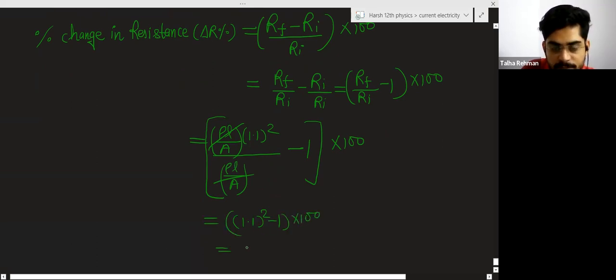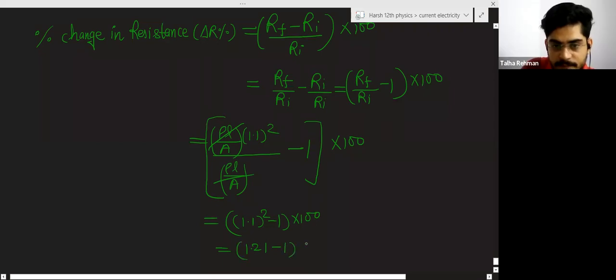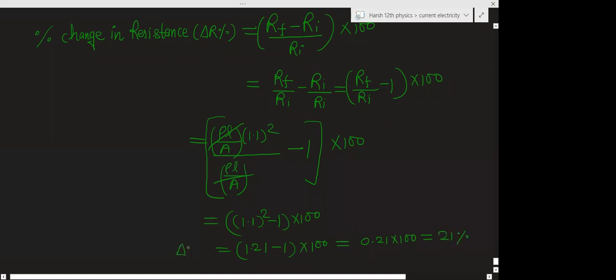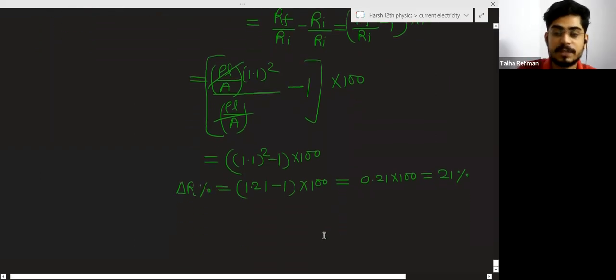So this will become 1.21. 1.21 minus 1 into 100, and this will become 0.21 into 100, and when you multiply you will get 21%. Delta R, the percentage change in resistance, will be 21%.